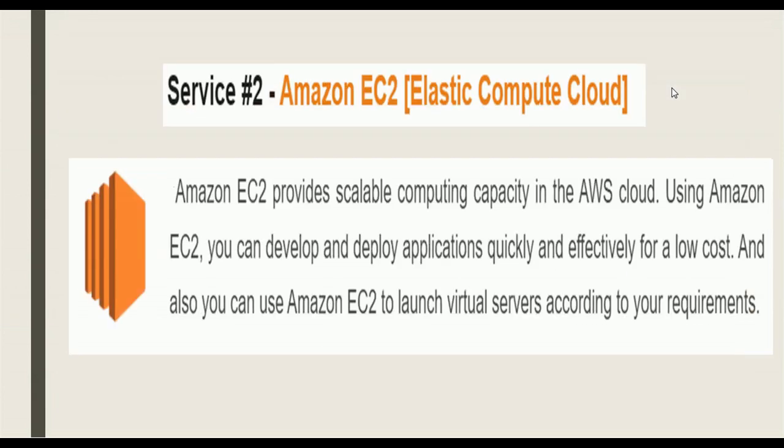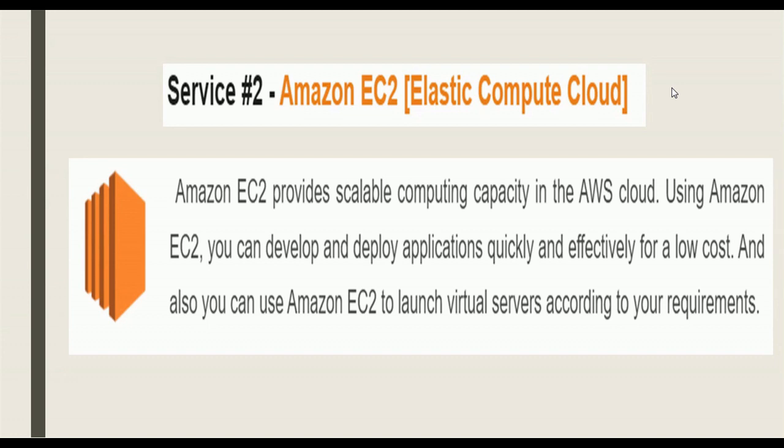The second service is Amazon EC2. It stands for Elastic Compute Cloud. Elastic Compute Cloud provides you scalable computing capacity in the AWS cloud. It is just like a virtual PC. If you need a Microsoft server or a Linux server, you can create an EC2 instance in AWS and you will have your PC ready within 4 to 5 minutes.